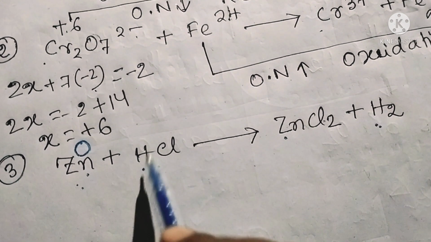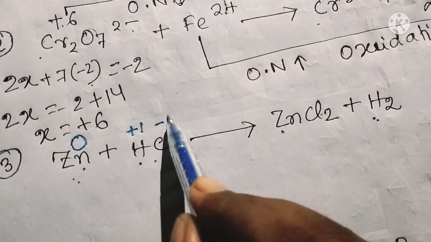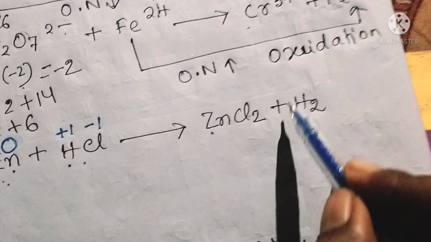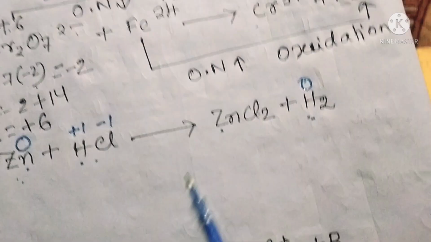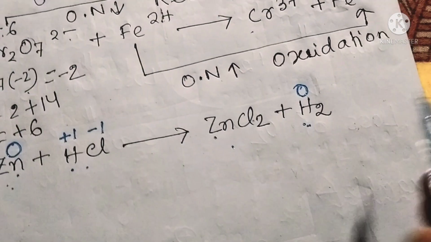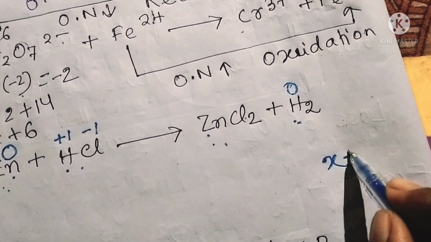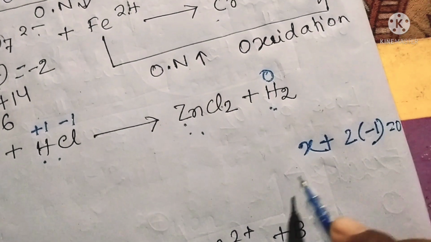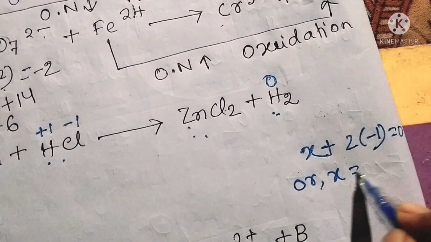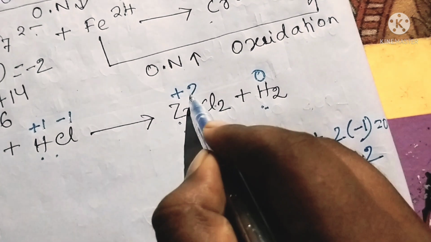The oxidation state of hydrogen is plus 1 and chlorine is minus 1. Here hydrogen is in elemental state, so the oxidation state is 0. So let the oxidation state of Zn be x: x plus 2 into minus 1 equals 0, or x equals plus 2. So the oxidation state of Zn is plus 2.